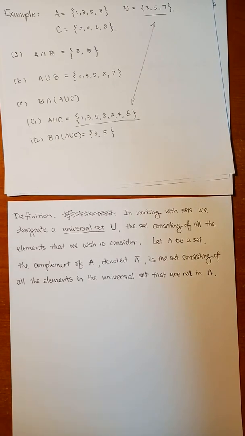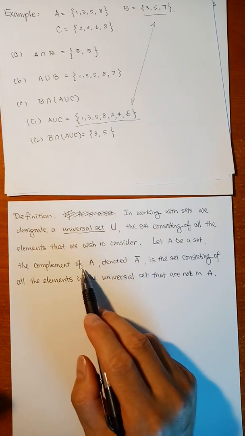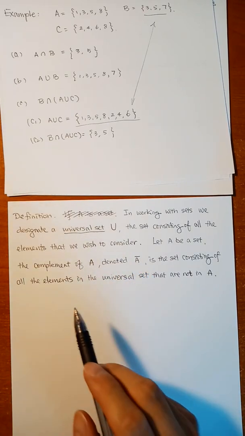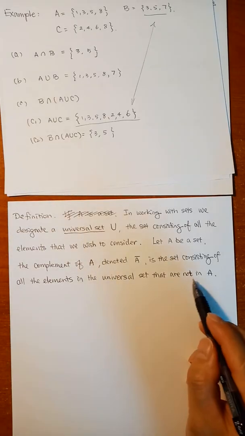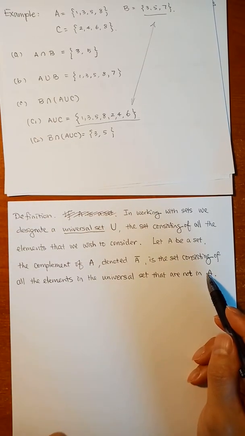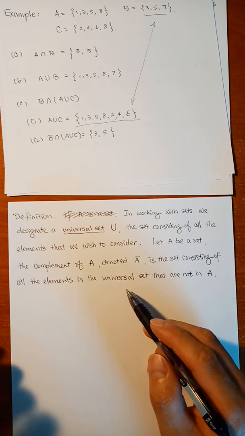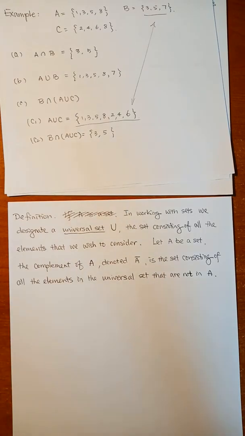Be careful: an element in the complement of A is definitely not inside A. But this complement depends on the choice of the universal set. For a different universal set, the complement might be different.